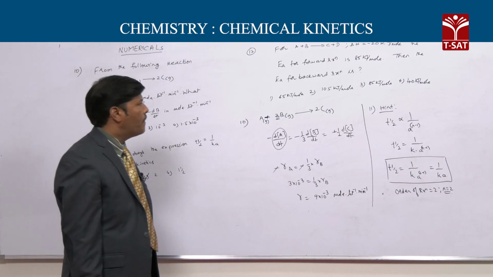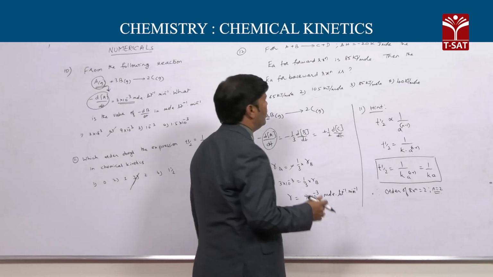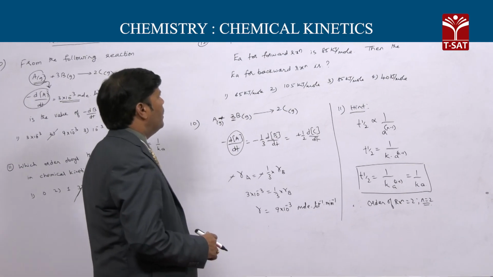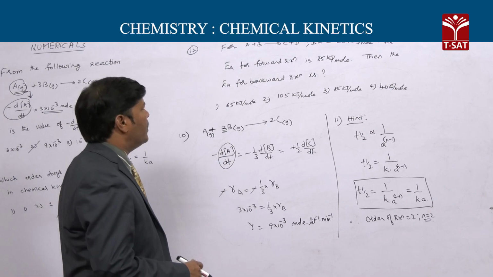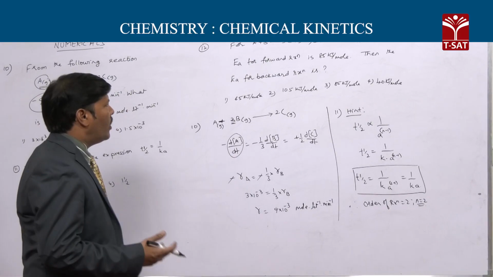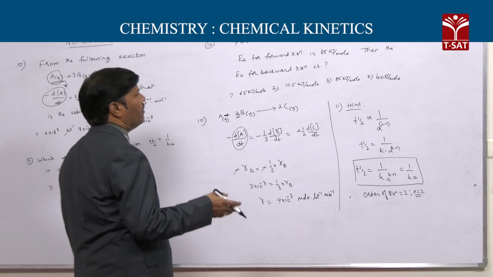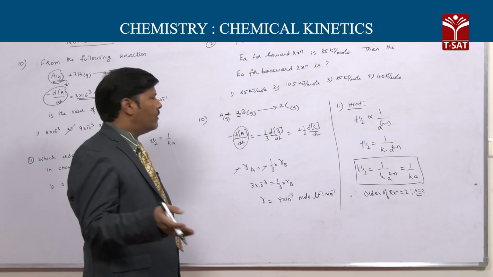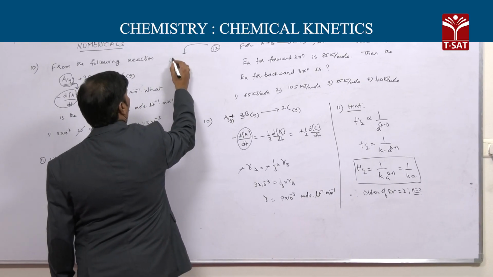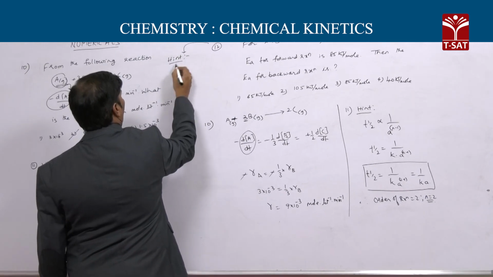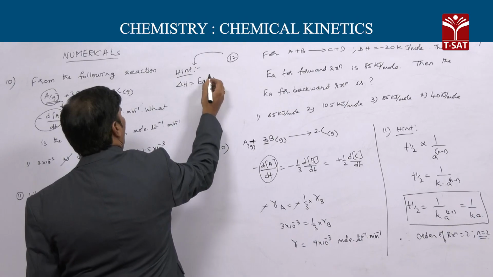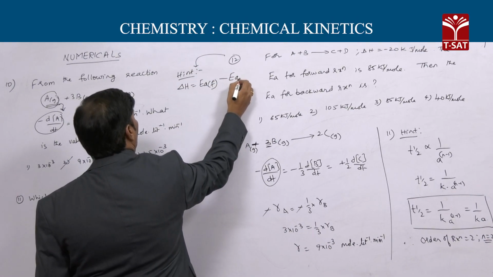Option 3 is correct. Now going back to the 12th question, it is a simple energy level diagram again. The energy of the forward reaction is 85 kilojoules and it asks for the energy of the backward reaction. Without drawing the energy level diagram, we already know the generalized expression: enthalpy change is equal to activation energy of the forward reaction minus activation energy of the backward reaction.